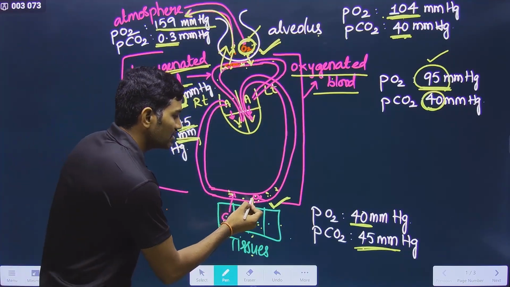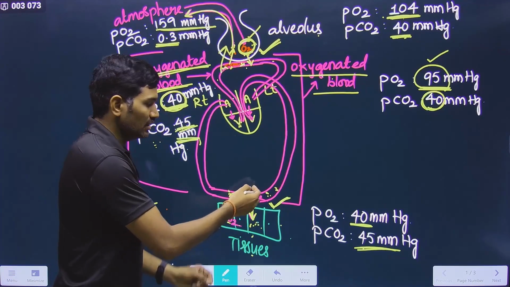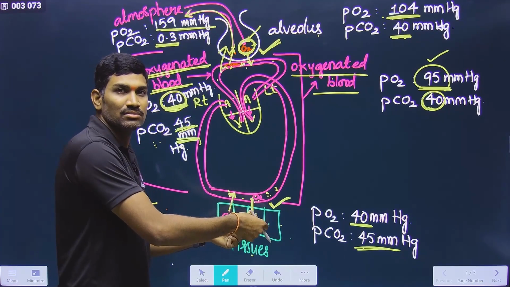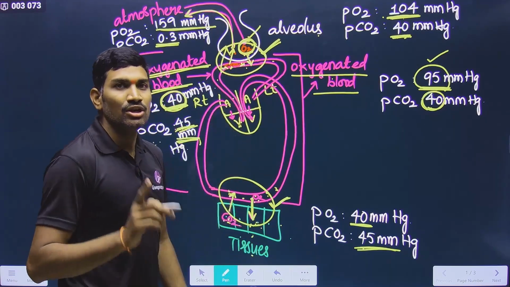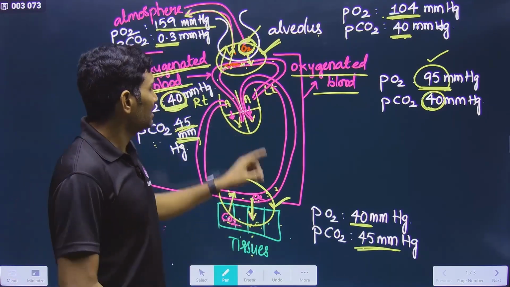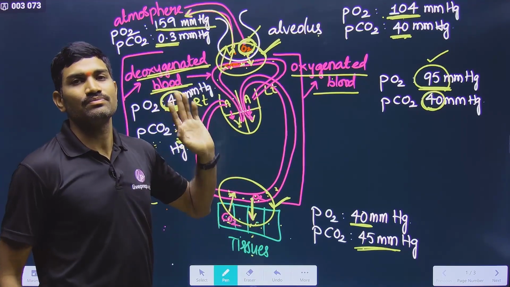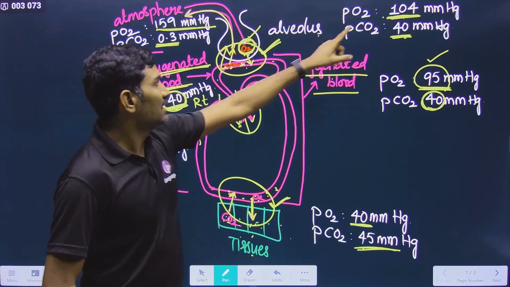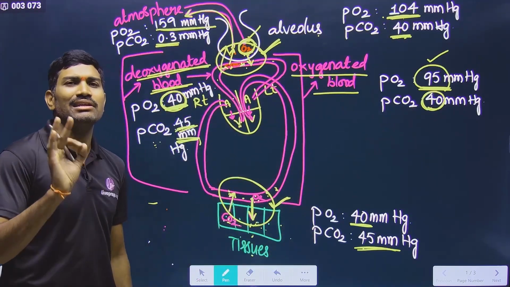Here also, oxygen from the blood is going into the tissues and CO2 from tissues is going into the blood, and this is also a simultaneous process. So this is also called exchange of gases. Please remember, our main focus is exchange of gases at the alveolus and exchange of gases at the tissues. Clear? For these, the difference in partial pressures is very important.